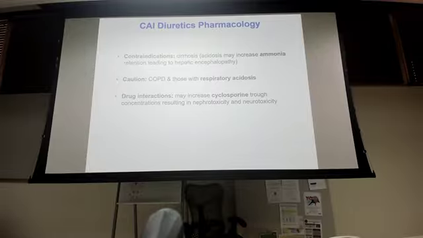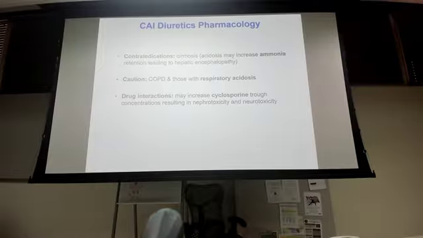Contraindicated in liver cirrhosis because the metabolic acidosis can increase ammonia retention, so you can get hepatic encephalopathy. What's that mean? Problems with the liver, and ammonia is causing your brain to not function correctly. It's affecting your central nervous system, because acidosis can cause ammonia retention and precipitate encephalopathy.